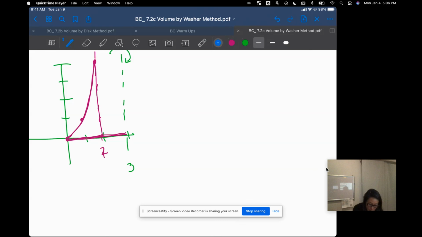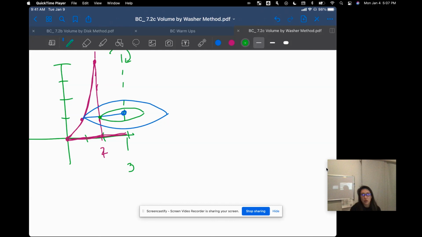My outer ring would be from the axis of rotation to the left curve, because this curve is going to swoop around like that. Whoa, okay. And my inside curve is the one at x is equal to 2, and it's going to swoop around like that to create the hole.